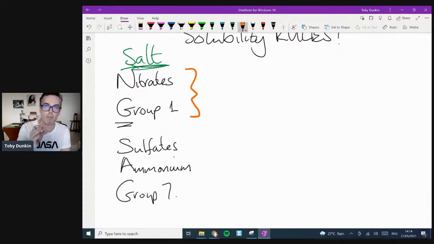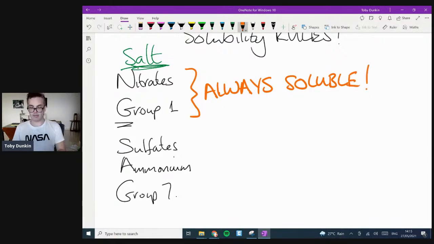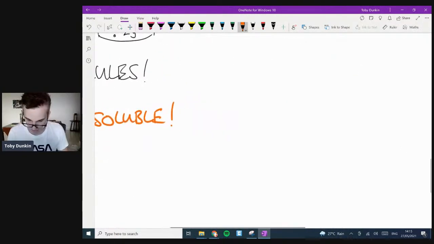And the best thing about the top 2 is they're always soluble. There are no exceptions to that rule. So, for example, if I have sodium sulfate, let's go formulae, it's quicker. Sodium sulfate.